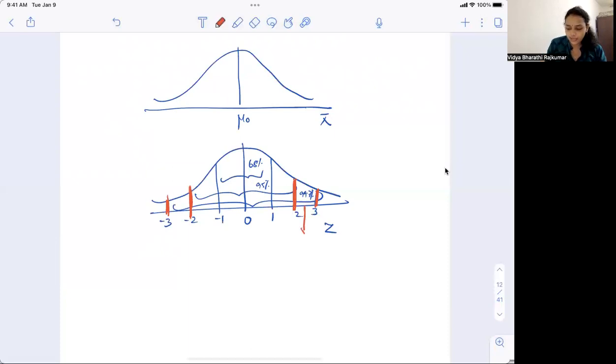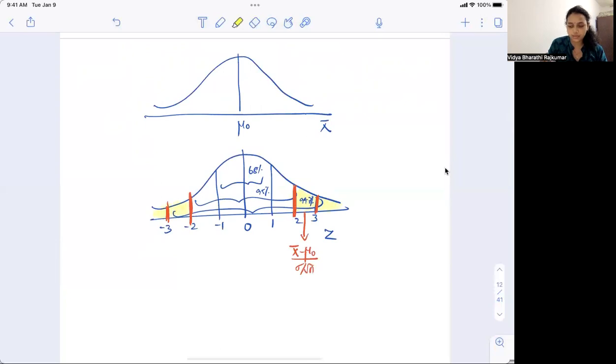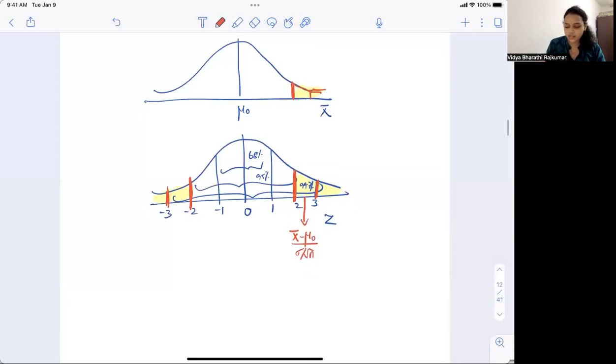If I find that my x bar minus mu naught by sigma by root n happens to be in this threshold, then I'll go ahead and reject the null hypothesis. So it's essentially saying that if the x bar that I find is above the specific threshold that we're seeing here, then that would lead me to conclude that the null is false. So it's the same reasoning, except that I've transformed my x bar variable into a z-score variable. And that's why you will see this expression showing up.